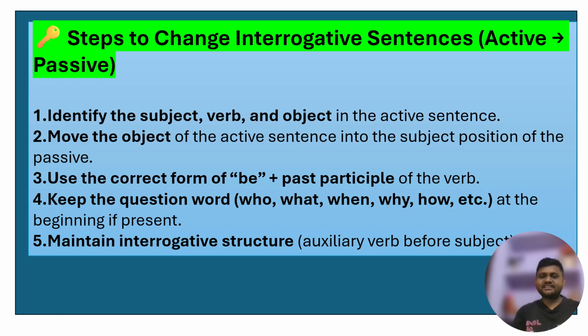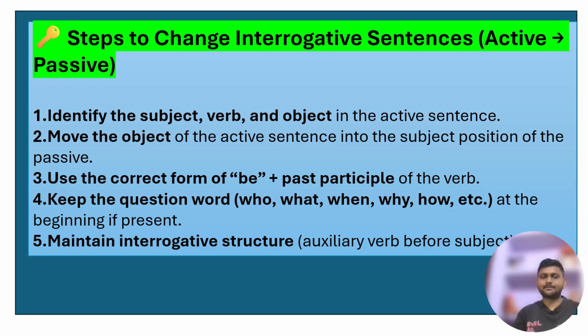Let us start with the basics of converting an interrogative sentence from active to its passive voice. At first, we have to identify subject, verb, and object in the active sentence.